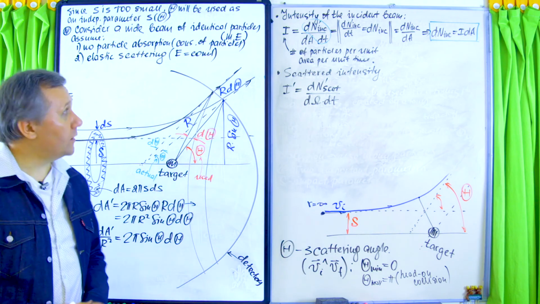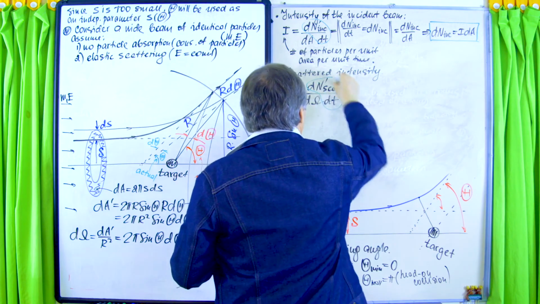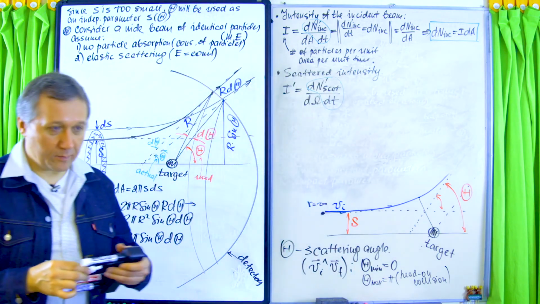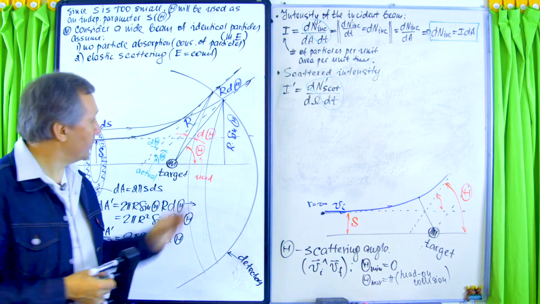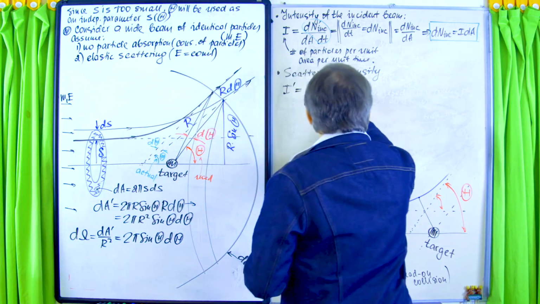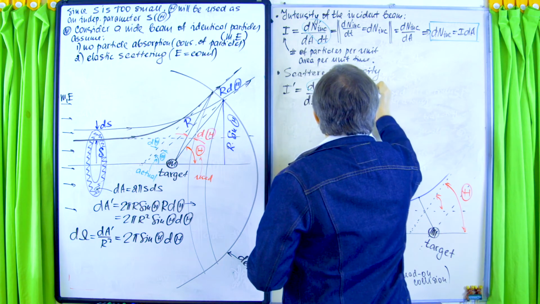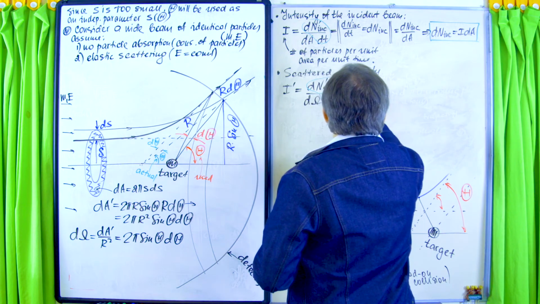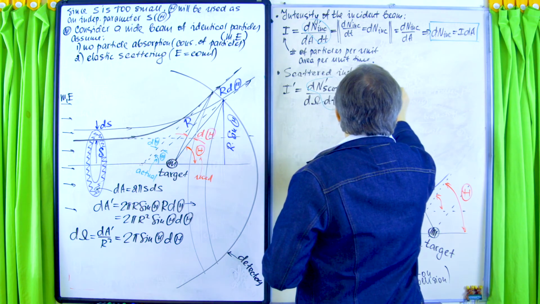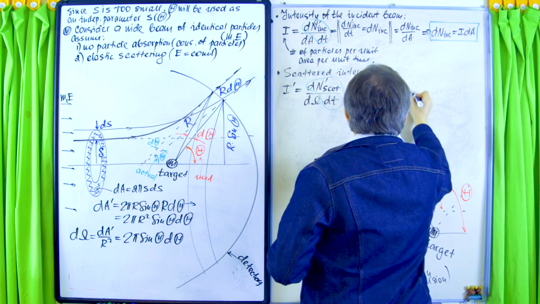And again, in the same way, let me introduce number of particles per unit time in d omega. Pretty much particles which go only through that. Right, so let me introduce that this dn prime scattered divided by dt will be my dn scattered.